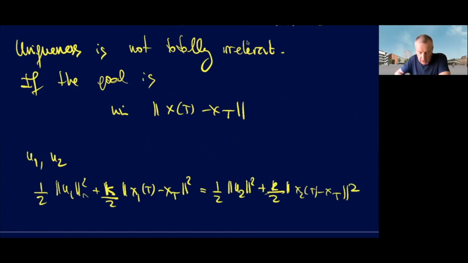But actually, maybe the norm of u2 is bigger, and therefore this one is smaller. So it could well be that, depending on how the two global minimizers are, one of them is better than the other with respect to the final target.